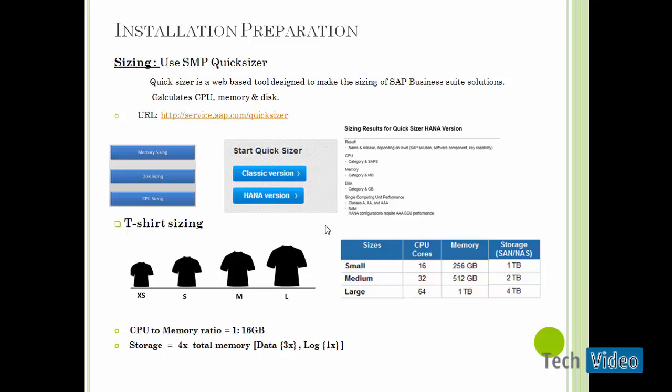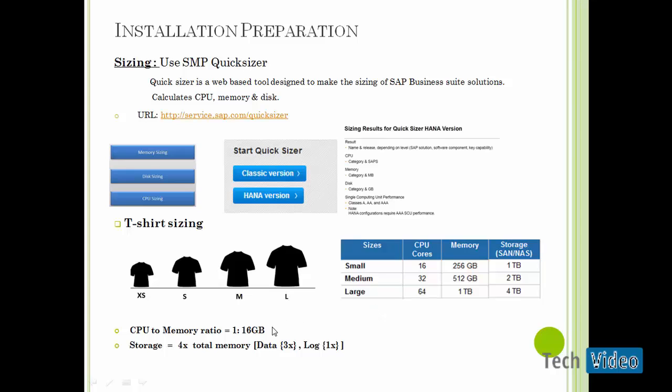Based on the scenario and the environment we are working in, we have to design this t-shirt sizing. There's no standard sizing picture available. Based on our implementation environment, we have to design such t-shirt sizing for easier implementation going ahead. One sample example is this picture, which shows small, medium and large implementations.